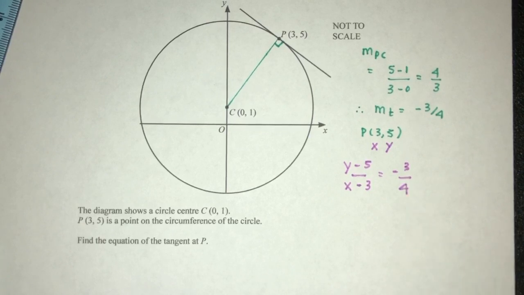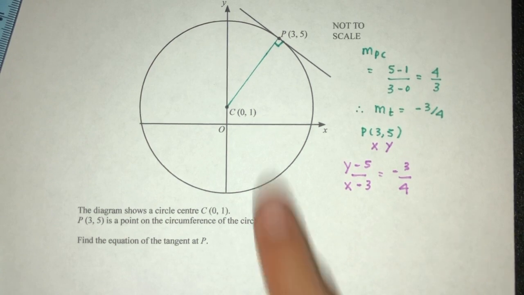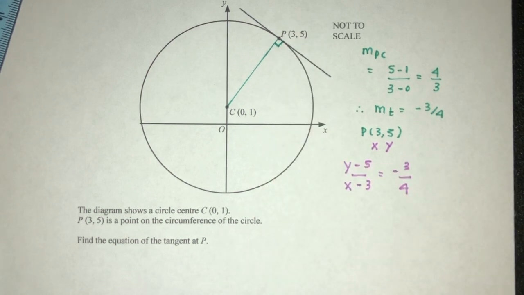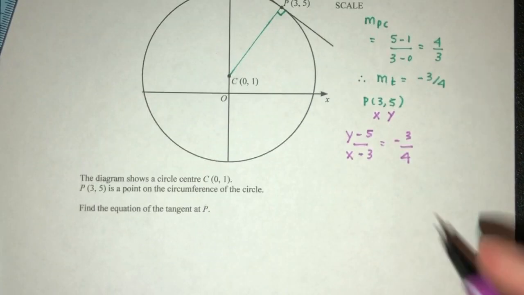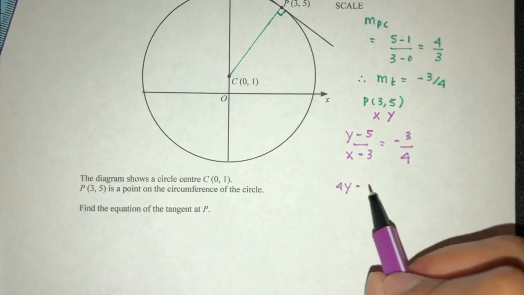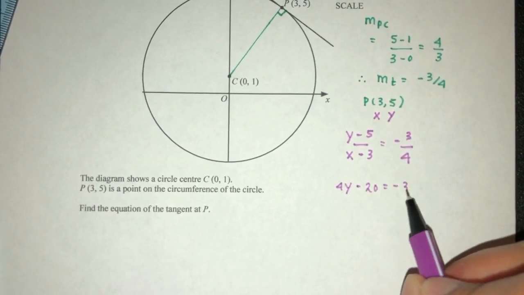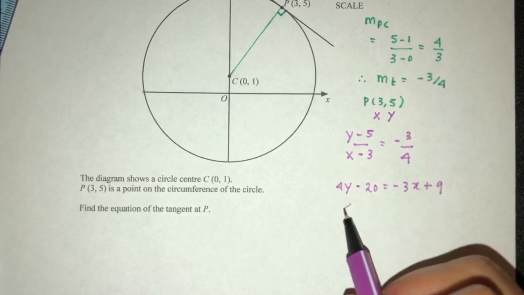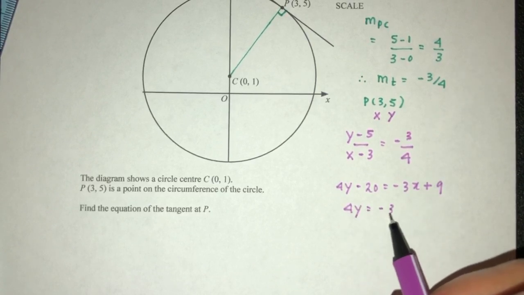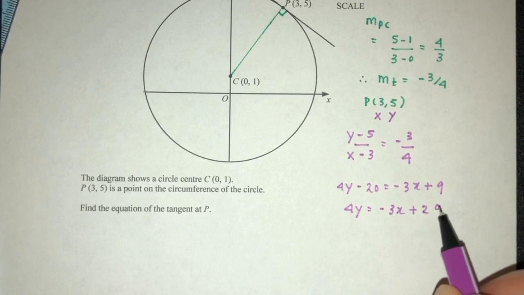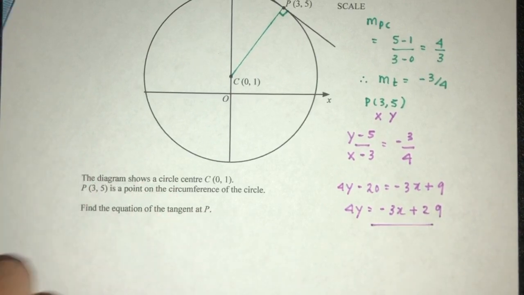Again, this is just the way I use to find the equation of a straight line. As you guys know, to find the equation of a straight line, we need a passing point, which is P, and the gradient of the line, which is this, I found out. Now cross multiply, you have 4y minus 20, that will be minus 3x plus 9. So 4y, that will be minus 3x plus 29. That will be my equation of tangent at P.